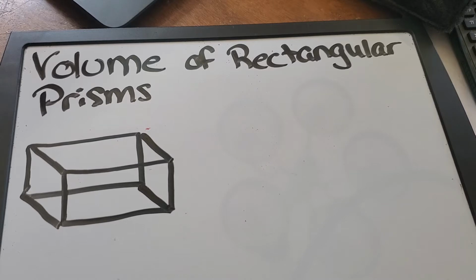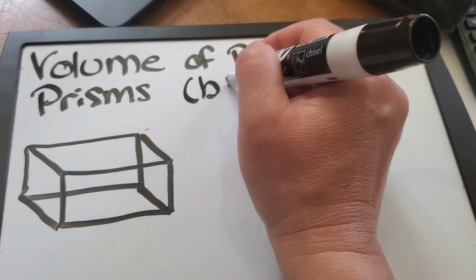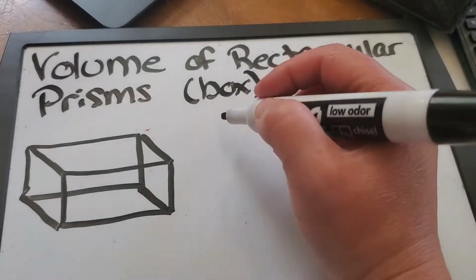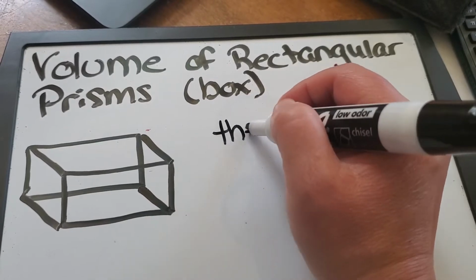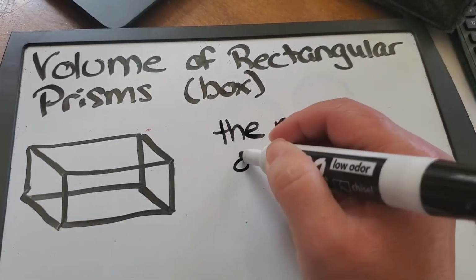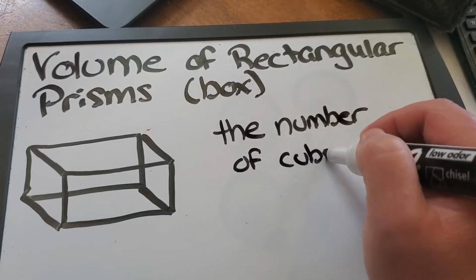So first of all, let's make sure we understand. A rectangular prism, by the way, is just a fancy word for a box. And volume always talks about the number of cubic units. That's important.